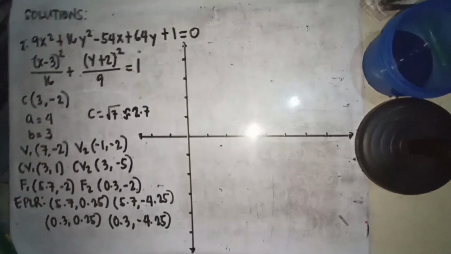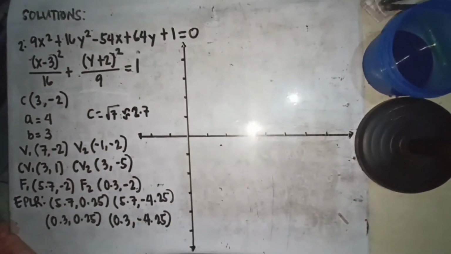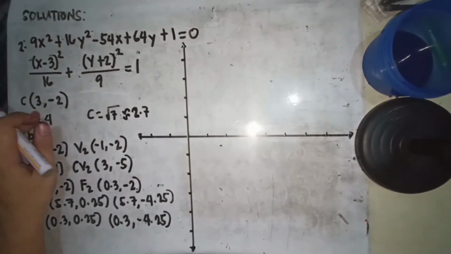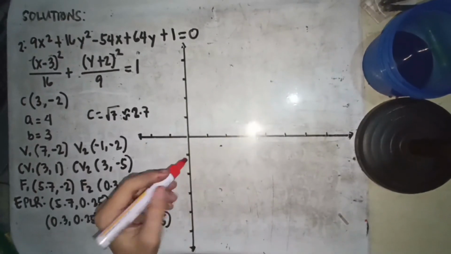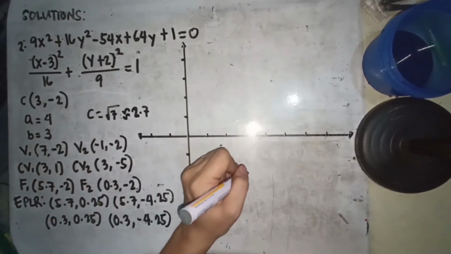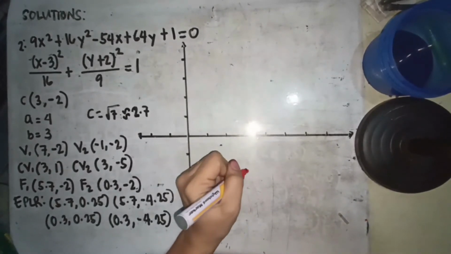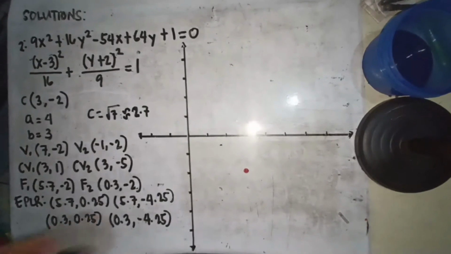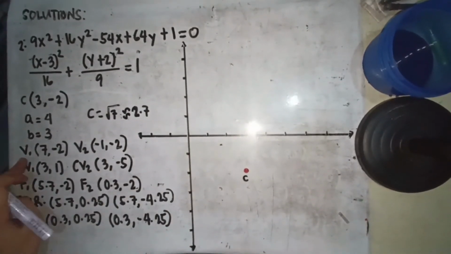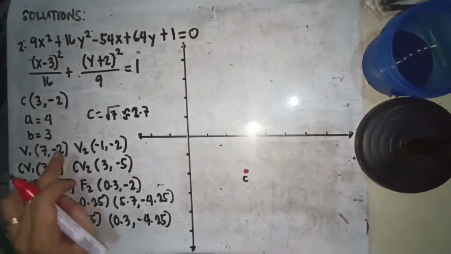So the first thing we plot, of course, will be our center, which is located at 3 and negative 2. So we have positive 3, 1, 2, 3, and negative 2, 1, 2. So therefore, here is our center. So, this is our center. Next, we also have our vertices. So V sub 1, we have positive 7 and negative 2.